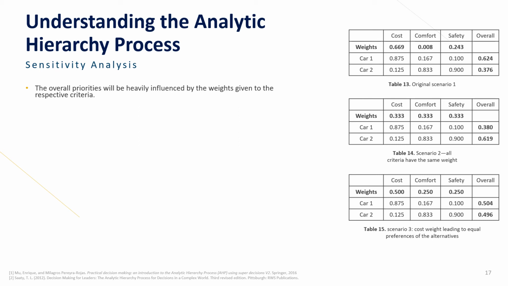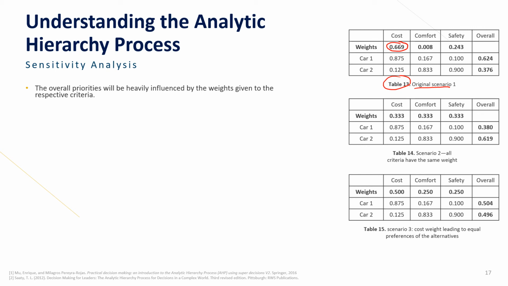Well, basically it's like this. The overall priorities that we got from the previous experiments are heavily influenced by the weight given to the respective criteria. For example, in table 13 here is the original scenario that we have, in which the weight of the cost is much higher than the other two.